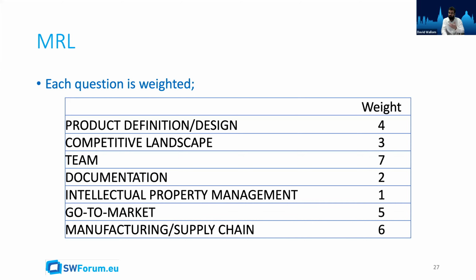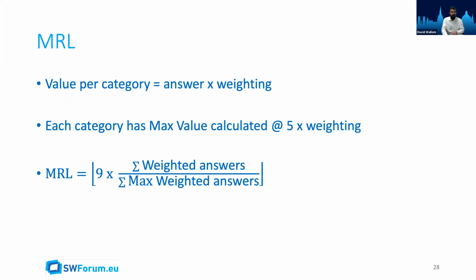So how do we then translate these into a numeric value for MRL? We have the value per category, which is the answer to the question times its weighting. Each category also has a maximum value, which is the 5, i.e. the highest possible rating, times the weighting.